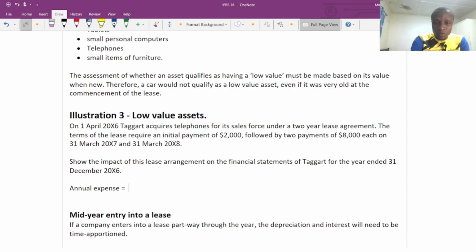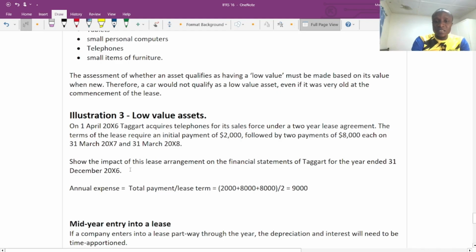It equals total payments divided by the lease term, which equals 2,000 plus 8,000 plus 8,000, divided by 2. So basically the answer is 9,000.